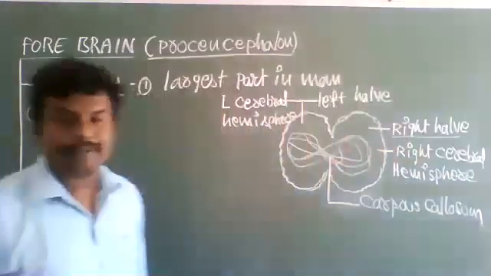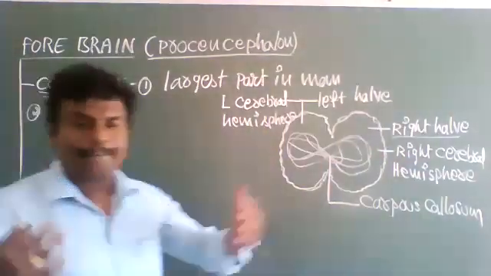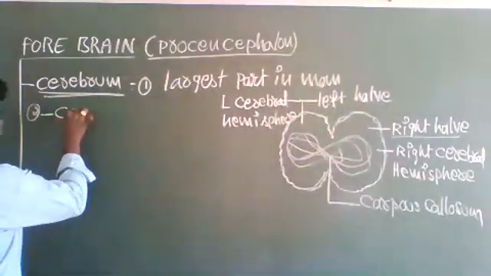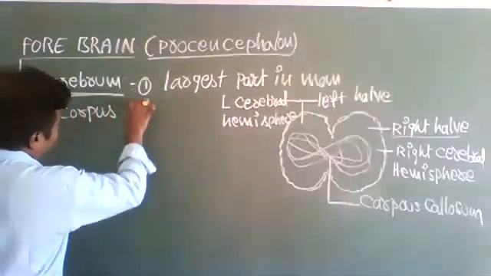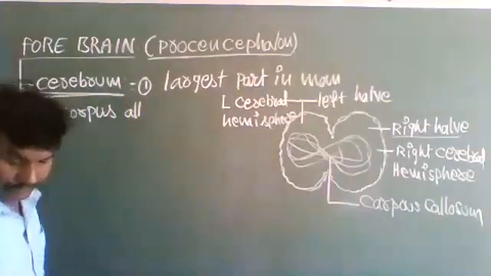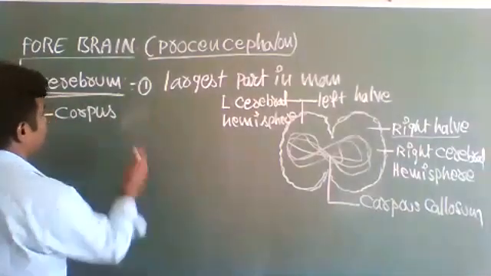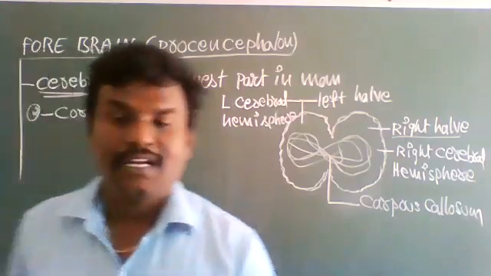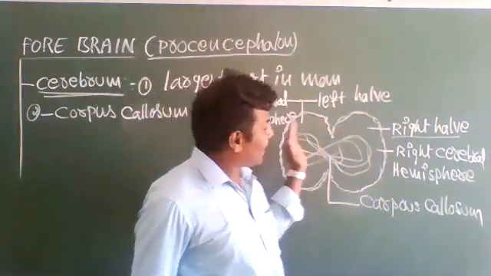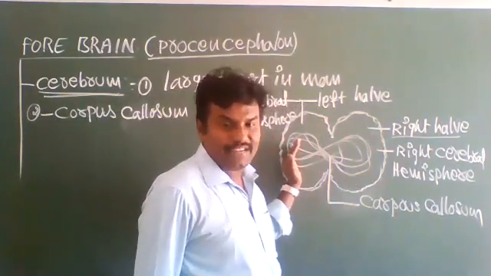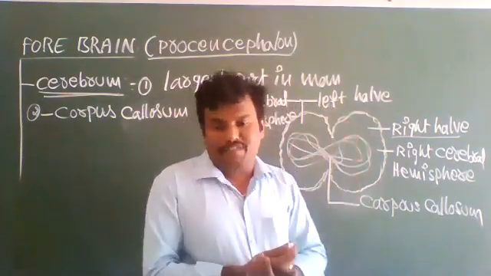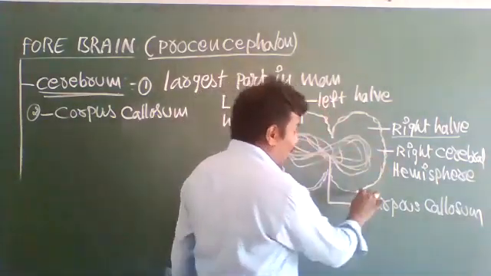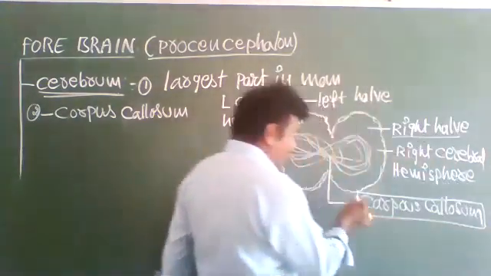The left and right cerebral hemispheres are held together by bundles of nerve fibers, which are collectively called corpus callosum.